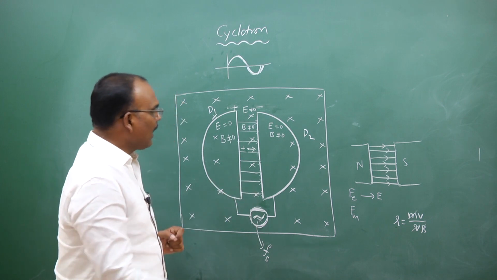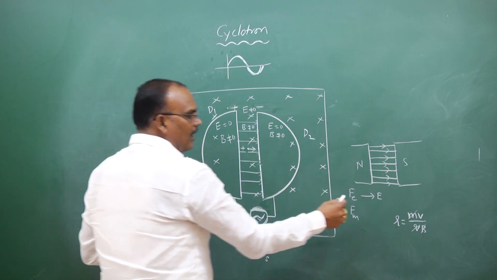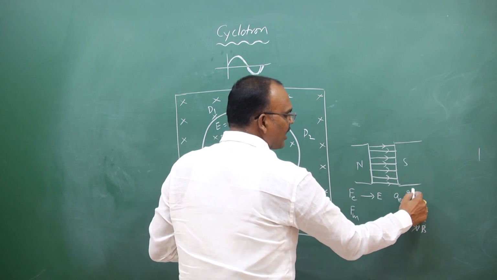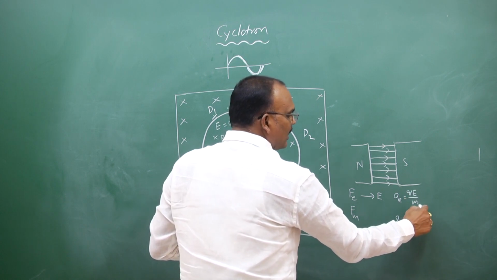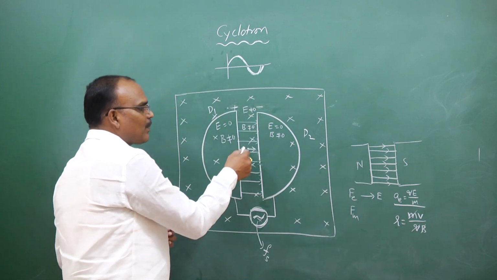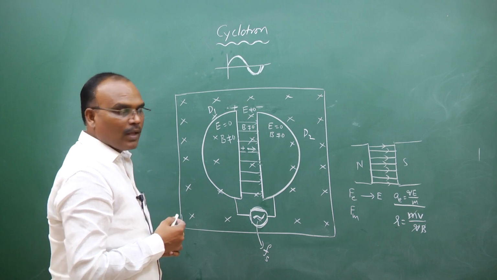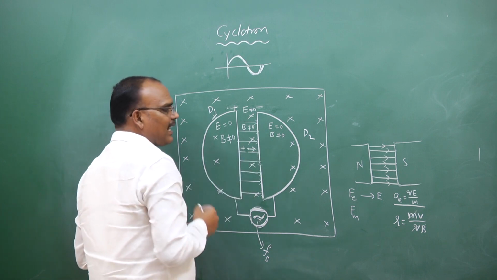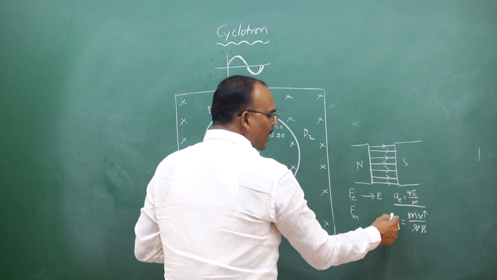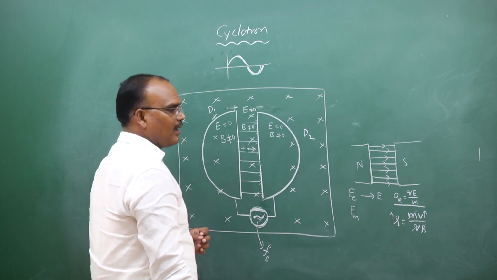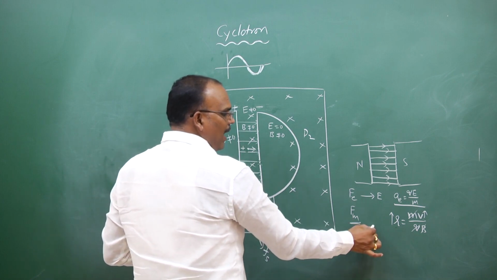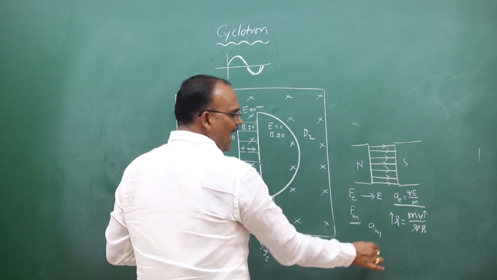But here the electric force produces acceleration. Electric acceleration is qE by m. This acceleration is going to increase the speed of the charged particle. If the speed of the charged particle increases, obviously radius of the circular path also increases. But when magnetic force is acting, magnetic acceleration also will act.